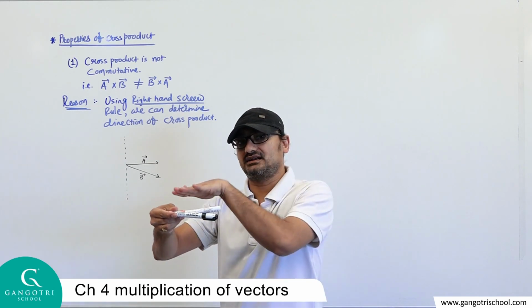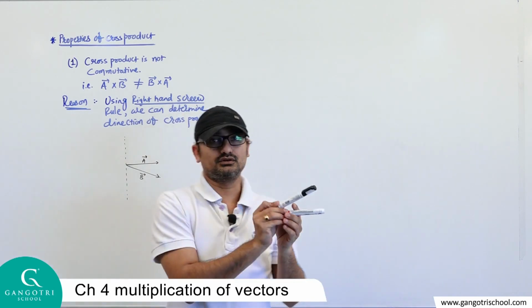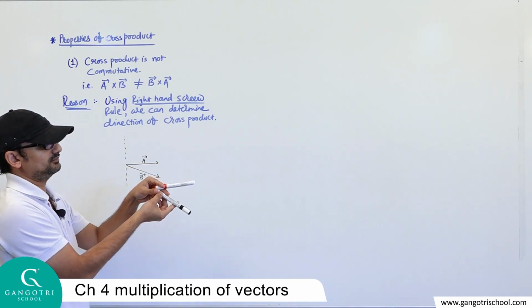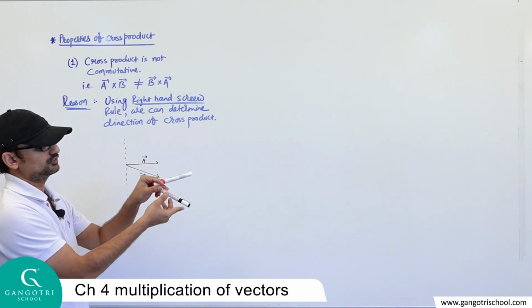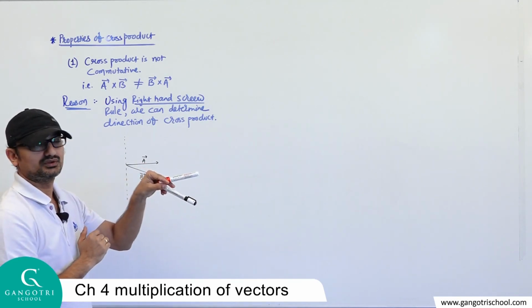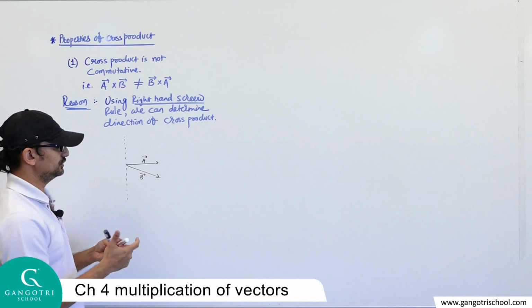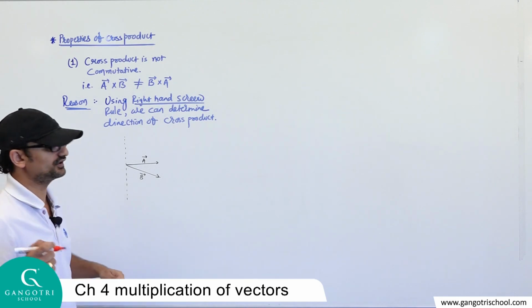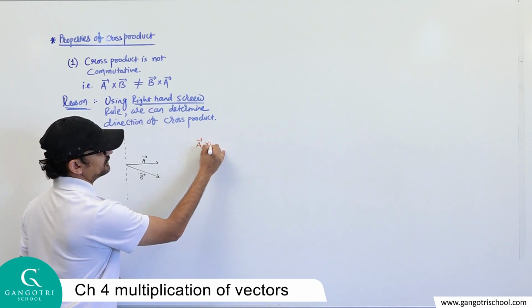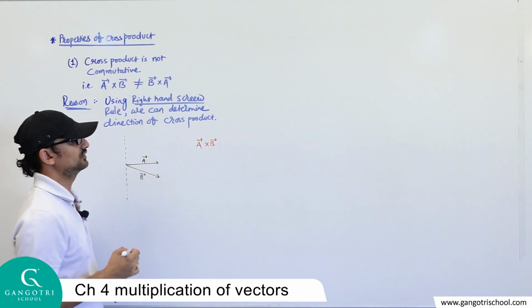So we have two vectors lying in the same plane. Now if anyone asks you to find the direction of a cross b, how do we apply the right hand screw rule?